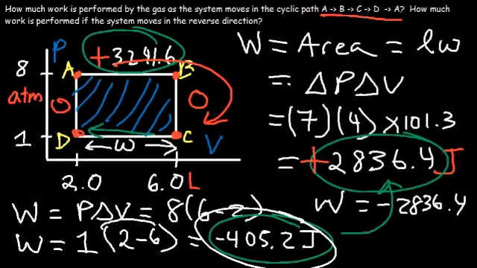Now, if you want to understand why that's the case, keep in mind anytime you travel towards the right, the work is positive. And if you travel towards the left, in the PV diagram, the work is negative. As you travel towards the right, notice that the pressure is higher, and therefore the work done by the gas is going to be higher. As you travel towards the left, the pressure is lower, it's 1. And so the negative work performed by the gas is going to be lower.